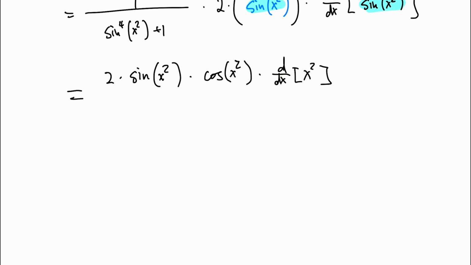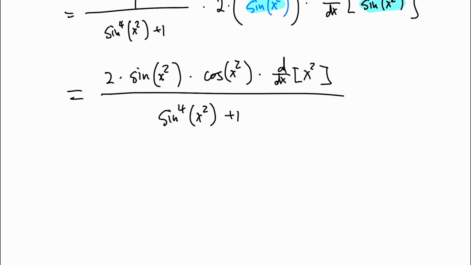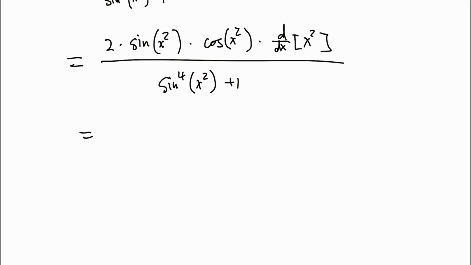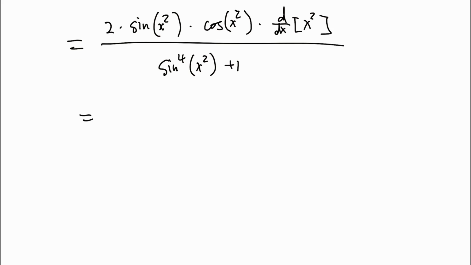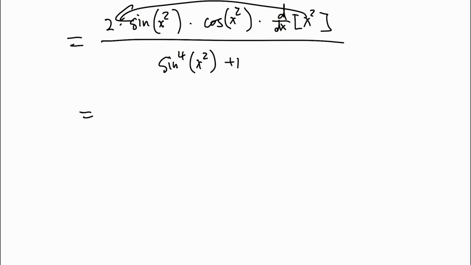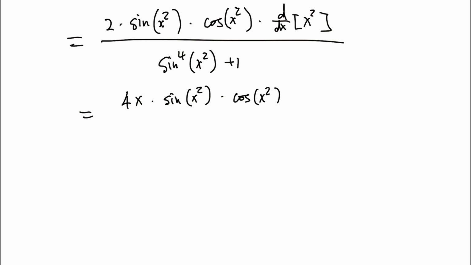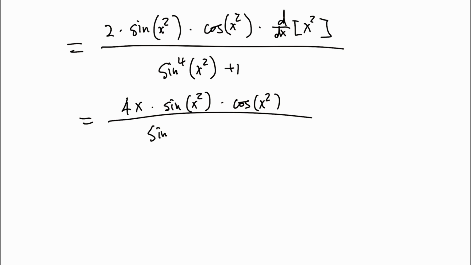That denominator is equal to this, and what we have over here is simply this. Now this derivative of x squared we can rewrite as 2x, and let's combine that with the one of the two over here. So we get 4x times sine of x squared times cosine of x squared over sine to the fourth of x squared plus 1. And over here, our problem is basically done.